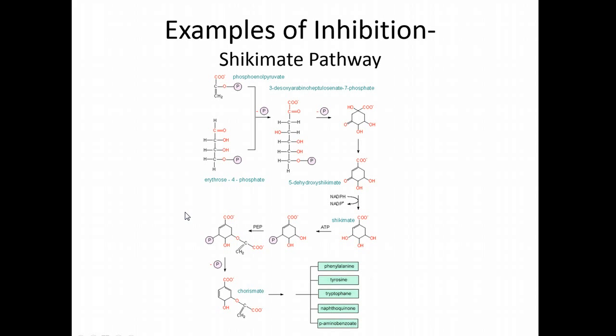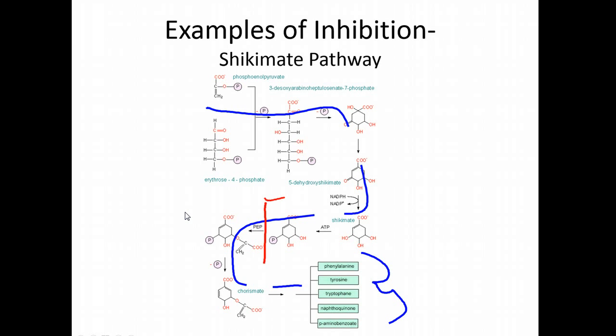This is, by the way, if we go through this all the way down, we get amino acids produced. So don't worry, this is the shikimate pathway. And we have an inhibitor, a competitive inhibitor, that will keep this reaction from occurring.